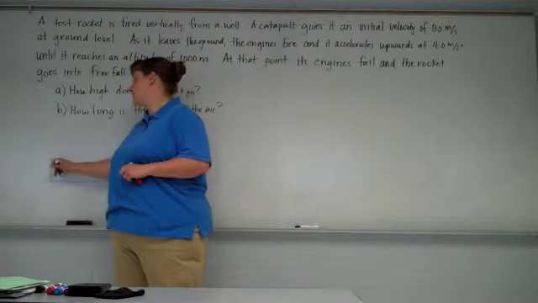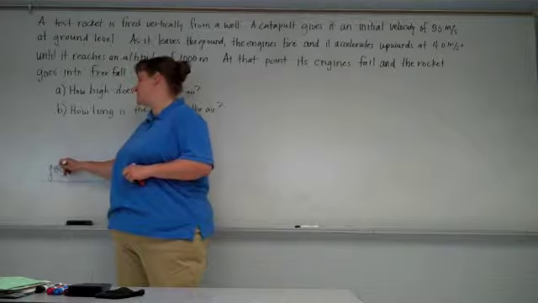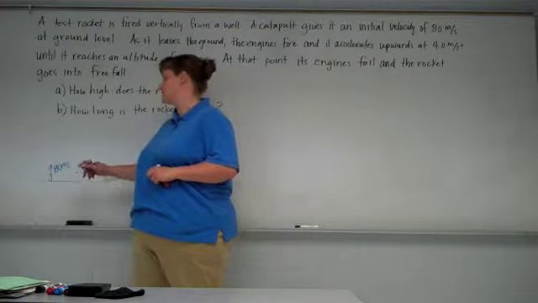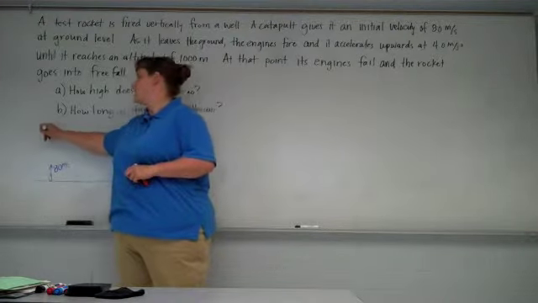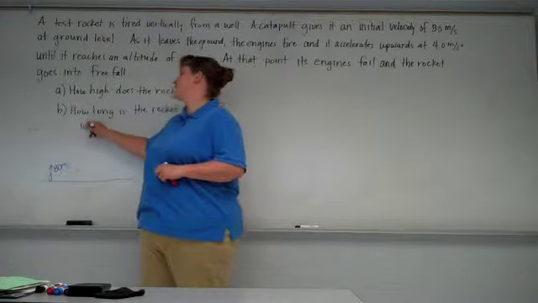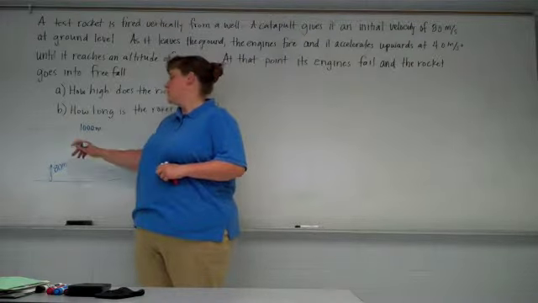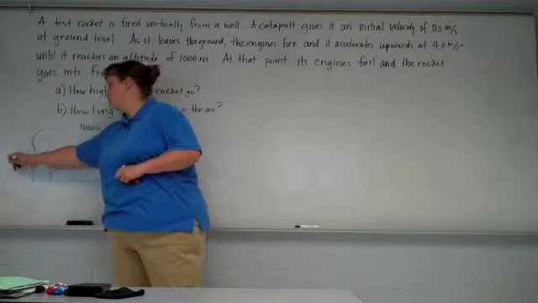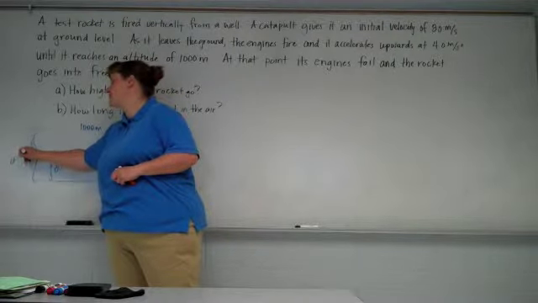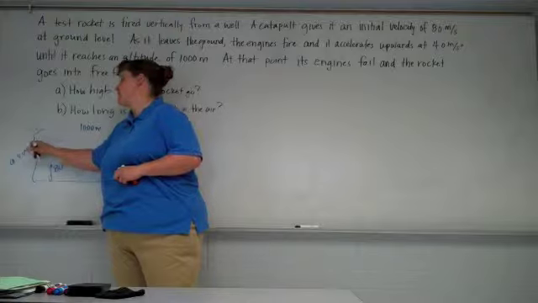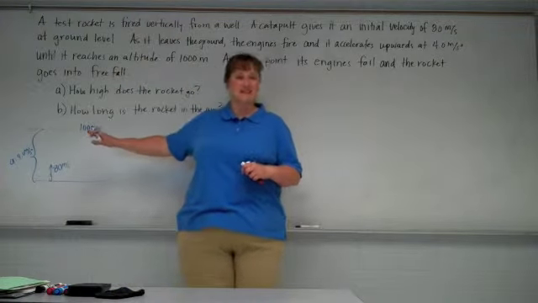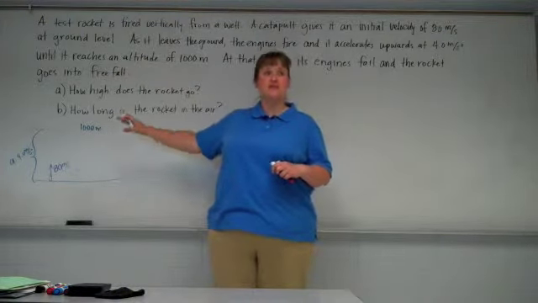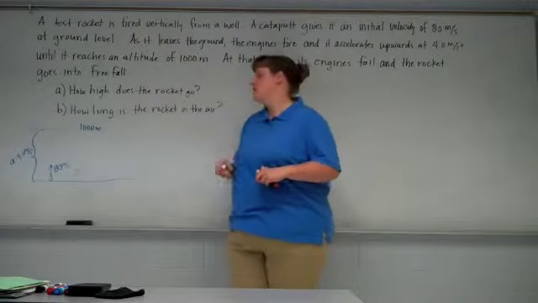So right here, as it leaves ground level, it's traveling at 80 meters per second until it reaches 1,000 meters. During this section, the acceleration is 4 meters per second squared. So if we treat that section by itself, then we can use the kinematic equations.